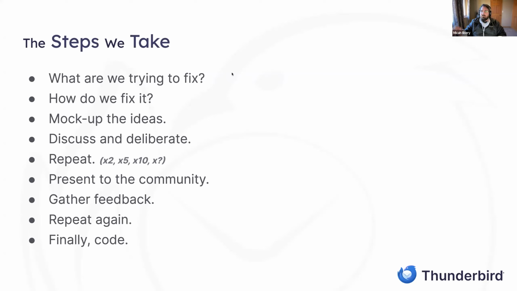Then we see how we adjust to fix those problems. What can we do differently to solve that? And then we do it all again. We make more mock-ups and wireframes and designs, and we bring it back to the design team and deliberate more. And when we feel like we're there, we start coding.